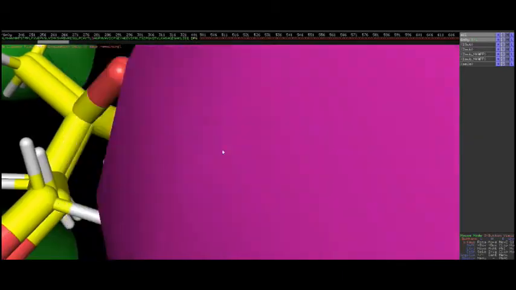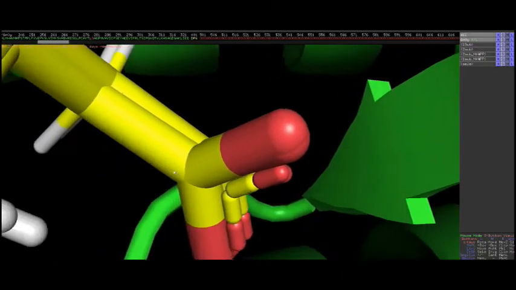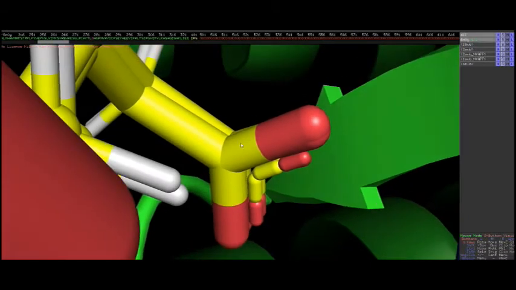Then we can see down here these 2 oxygens are the carboxylic acid here that will be removed as carbon dioxide.